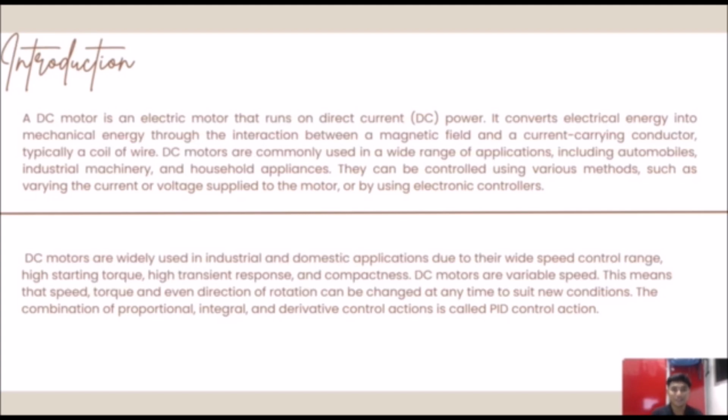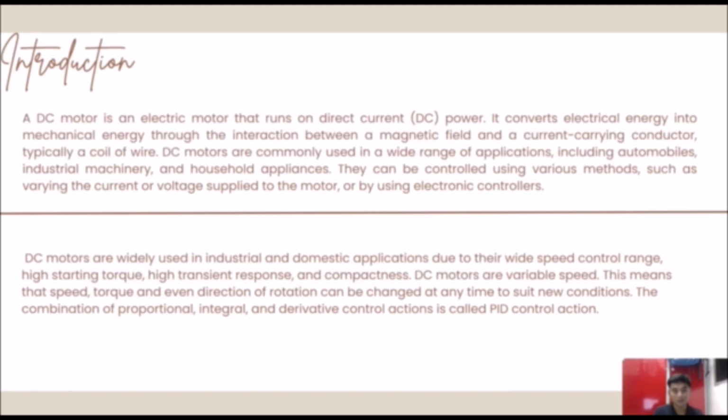Today I will present about the introduction in our group project. Our introduction is: a DC motor is an electric motor that runs on direct current, which is DC power. It converts electrical energy into mechanical energy through the interaction between a magnetic field and a current carrying conductor, typically a coil wire.